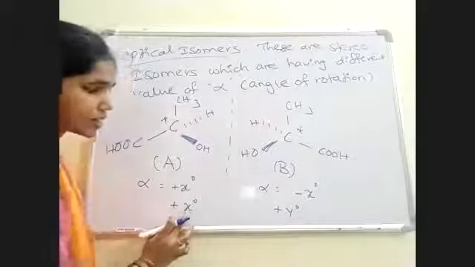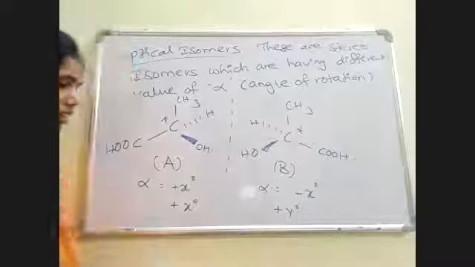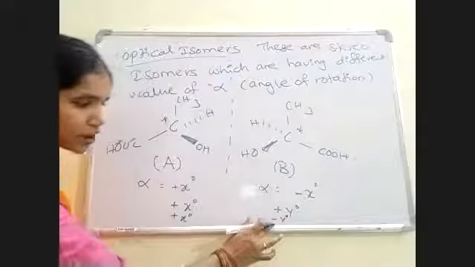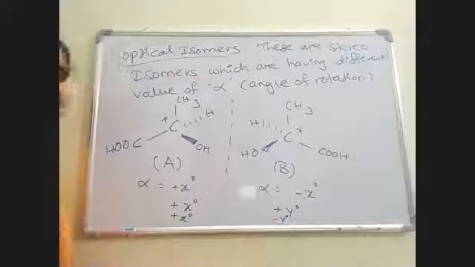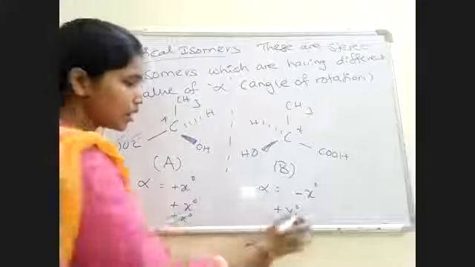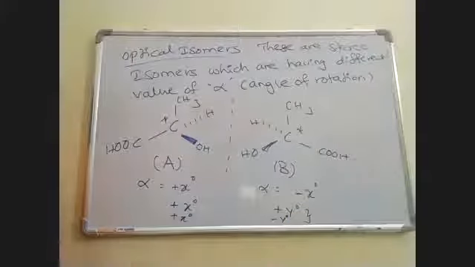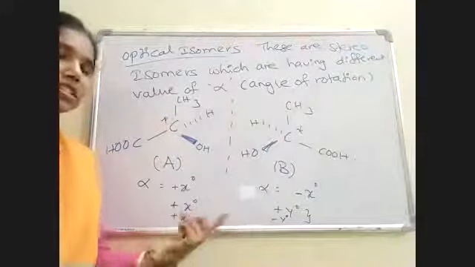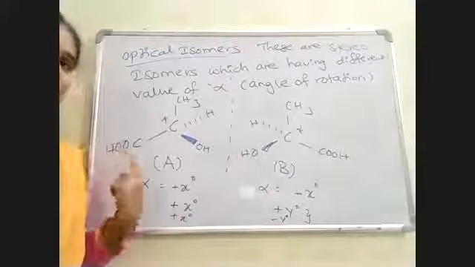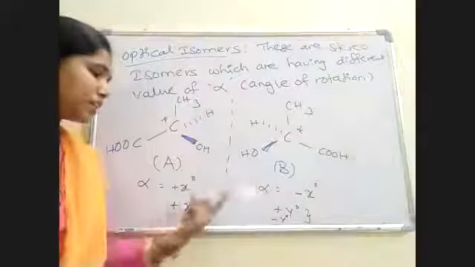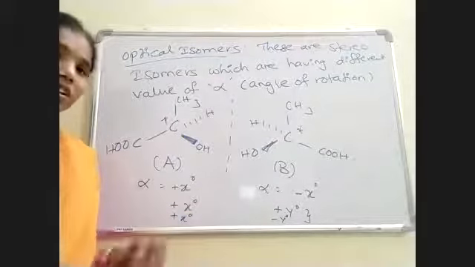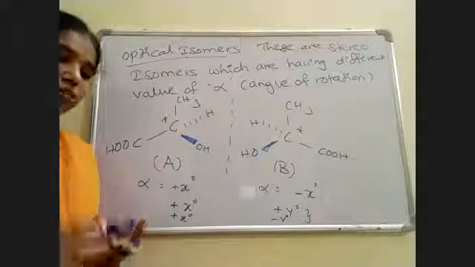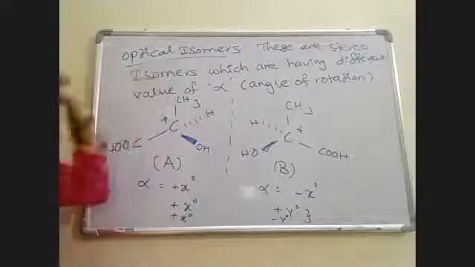Or A has plus x degrees and B may have minus y degrees: the rotation is in the opposite direction and the angle is also different. Those molecules are called diastereomers. That is the difference between enantiomers and diastereomers. Remember, enantiomers and diastereomers are both optical isomers.